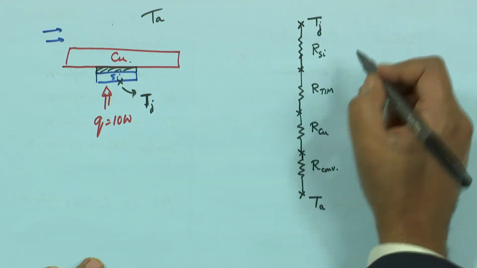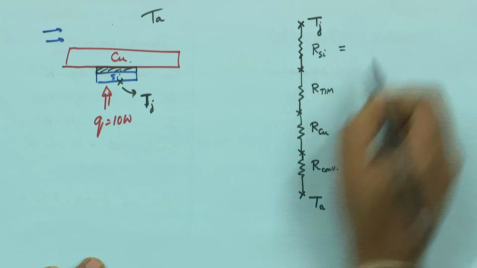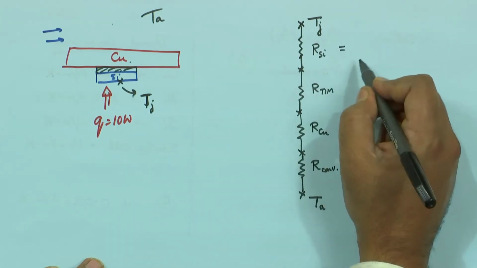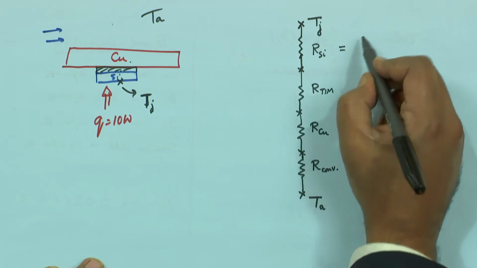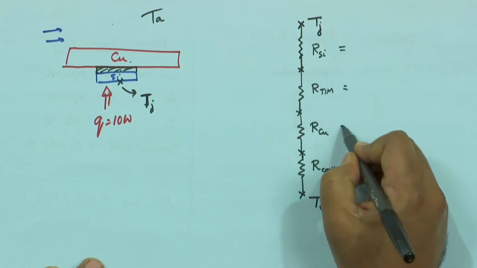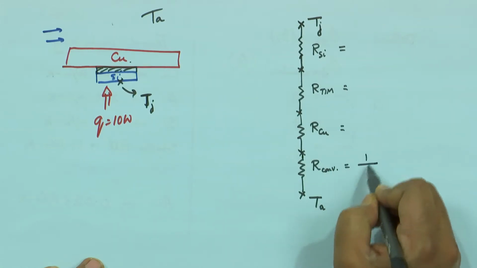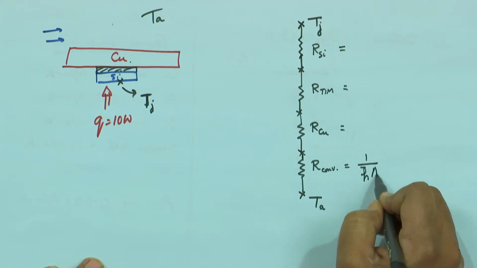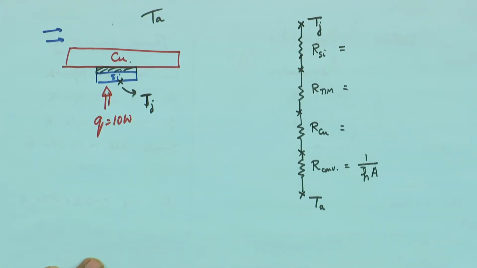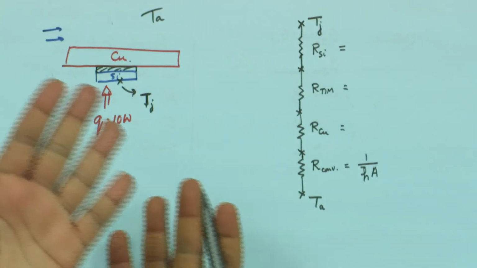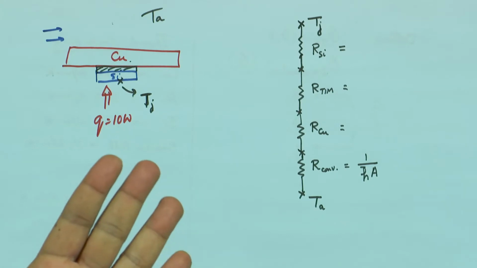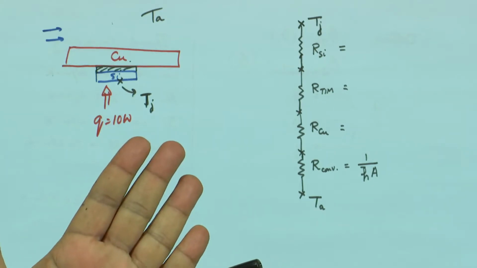Now, all of these are conduction resistances, which are L over kA, but this one is going to be 1 over hA. Again, the cross sectional areas are the planar cross sectional areas for all these cases, because the heat is flowing normal to that area.